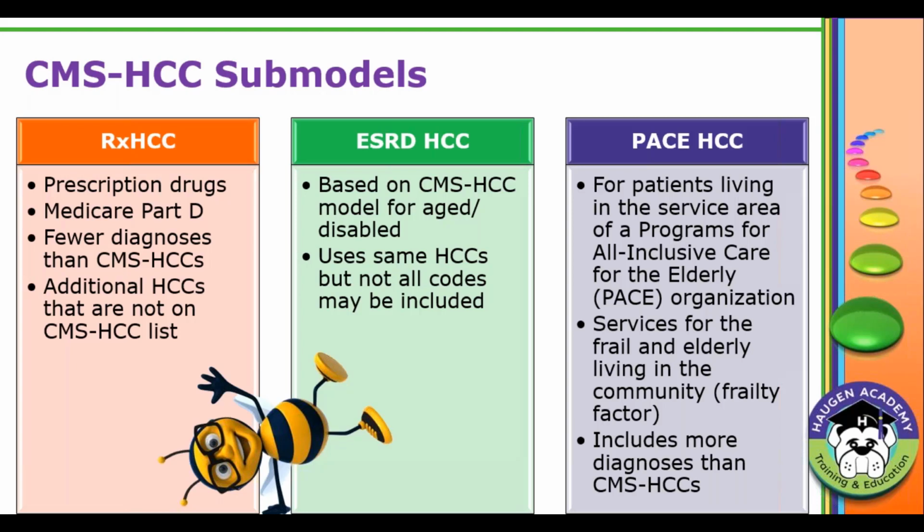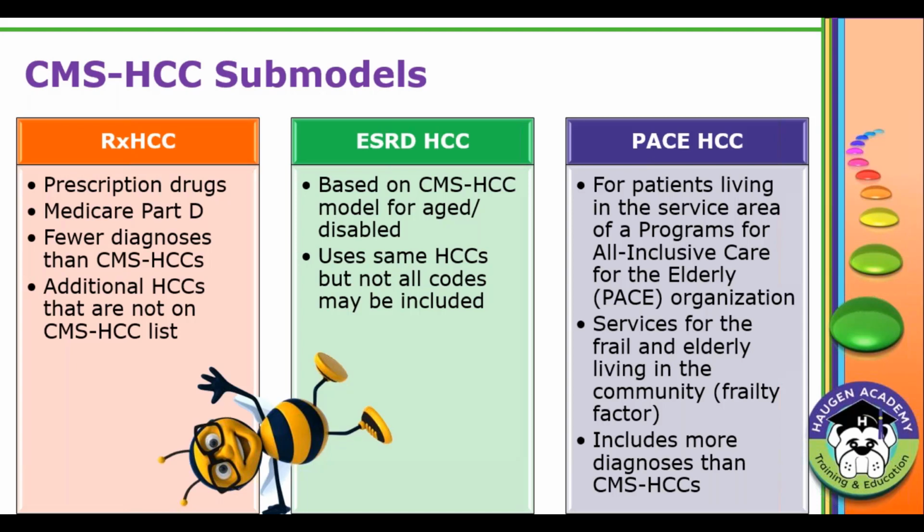And this is for patients who are living in the service area of a PACE organization, and it's not terribly common. It's not something that I was familiar with before doing some research for today's webinar. And again, these are services for frail and elderly individuals who live in the community, and they're assigned a frailty factor that adjusts the payments if they're going to need additional care for being more frail than other people in the model.